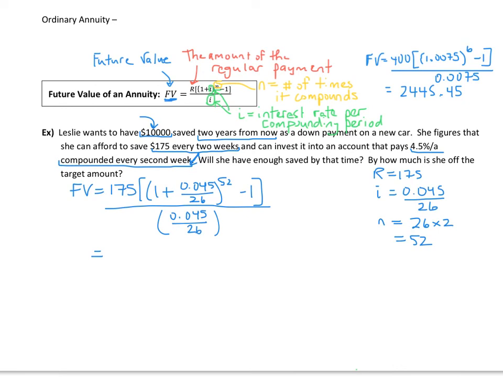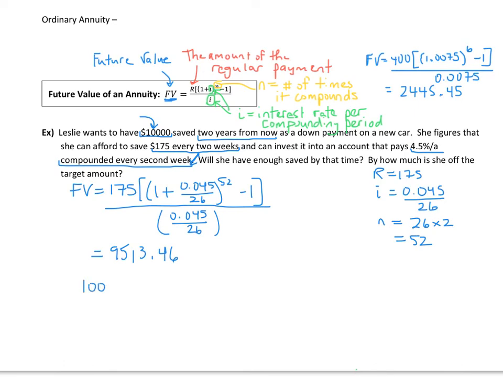I'm going to add 1 to that, and then go to the exponent of 52 and subtract 1 from that. Multiply that by 175, and then divide by bracket 0.045 divided by 26, close that bracket. That gives me $9,513.46. So she's shy of her target.